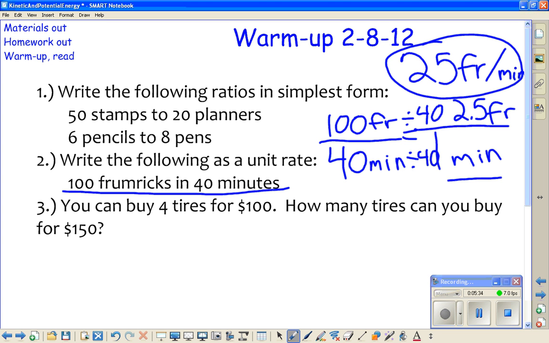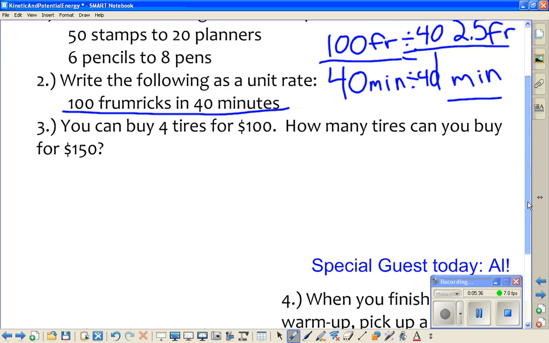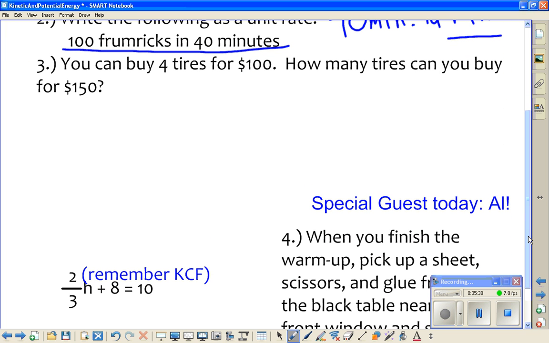Okay, tell me how to set up the proportion here. We have two fractions that are equal to each other. They're just two equal ratios. If you simplify them, they'll turn out to be the same number. So how do I set up my proportion here? How do I make this into a fraction?